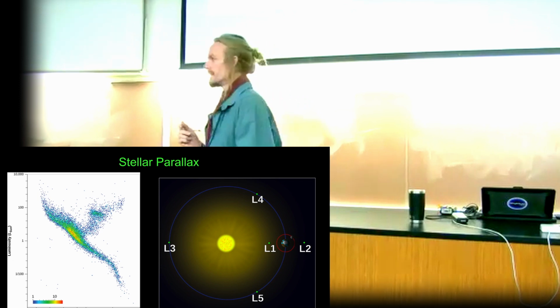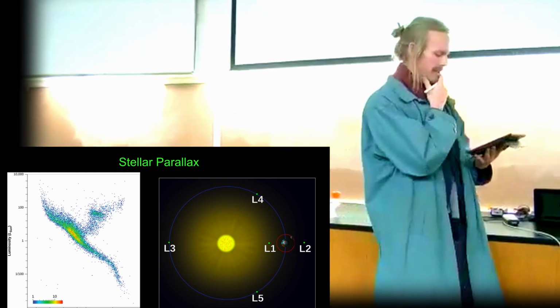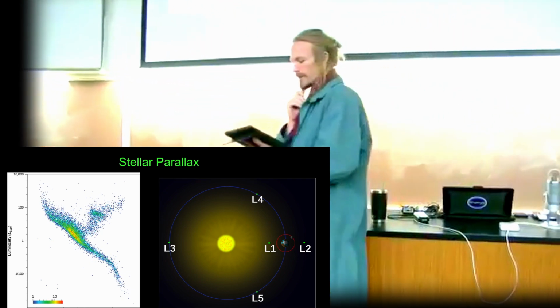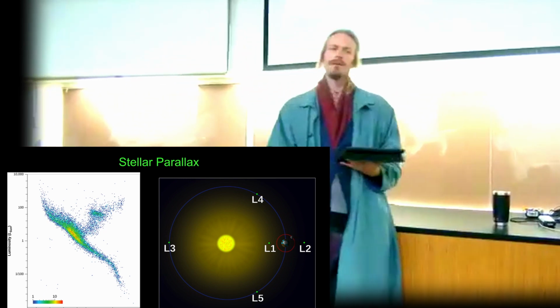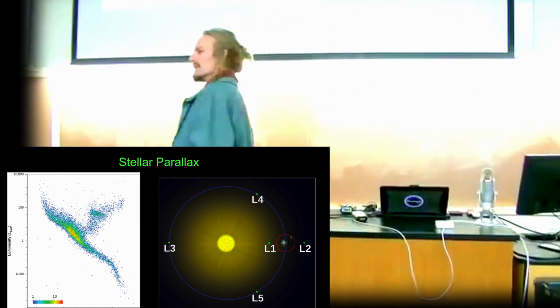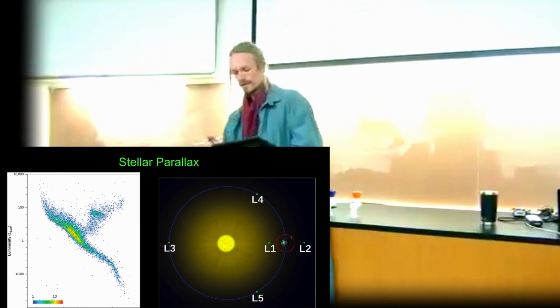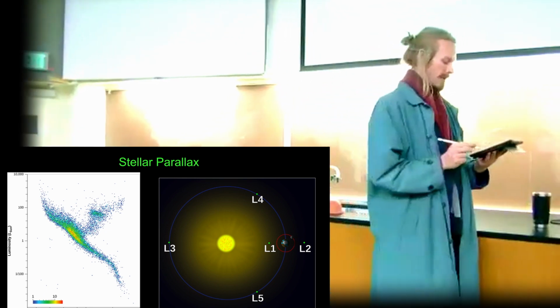I think it just had better sensors. It was able to catalog something like 1 billion stars with an accuracy within a few millionths of an arc second. Remember, an arc second is a 3600th of a degree. This is just unimaginable precision, right? We're talking about pixels at this point.